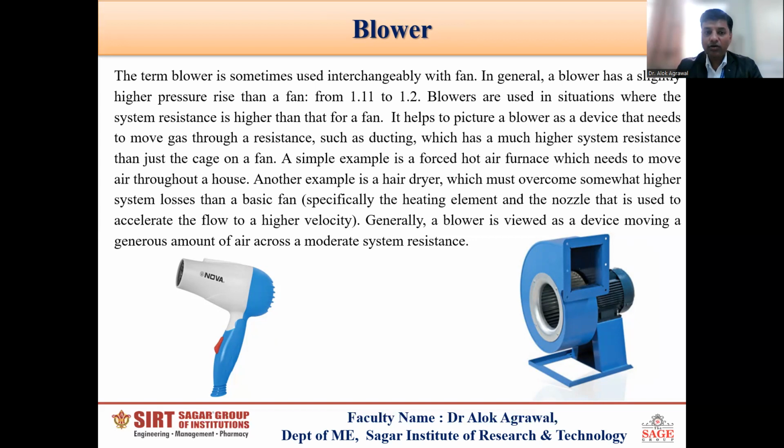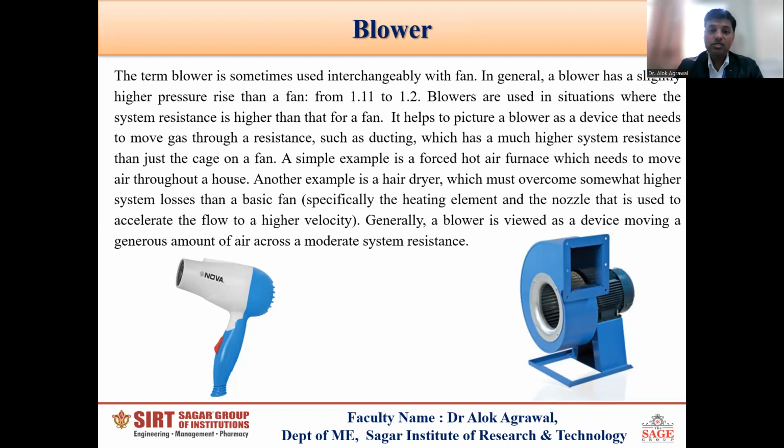The main function of this blower is to increase the pressure because it should deliver the air at a higher velocity. In fan, the velocity of air is important, but not much. But in blower, the velocity is also very important because it has to deliver the air or gas at a higher velocity.